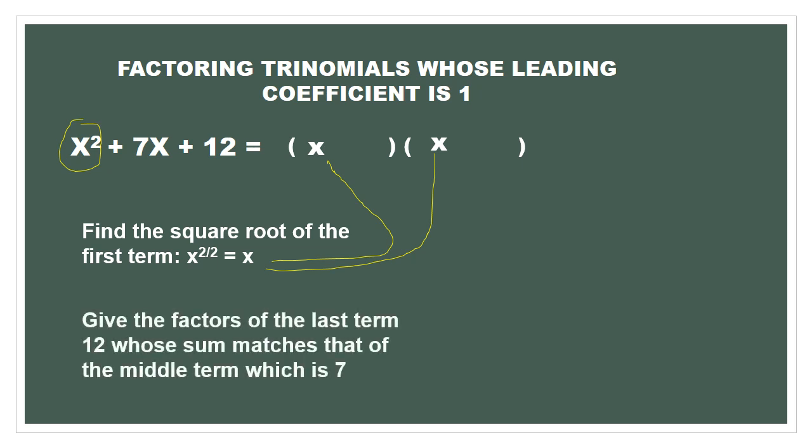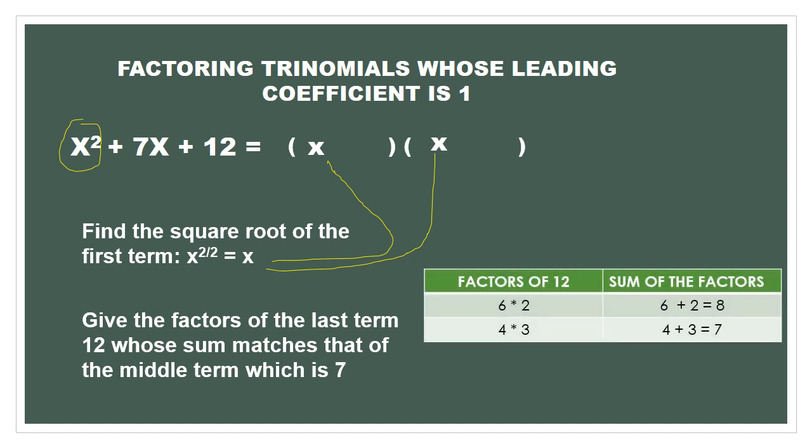Next is, give the factors of the last term, which is 12, whose sum matches that of the middle term, which is 7. So, hahanap tayo ng factors ng 12 na pag pinag-plus natin, dapat ay equal to positive 7. Tingnan nyo yung table na ginawa ko. Factors of 12, we have 6 times 2 is equal to 12.